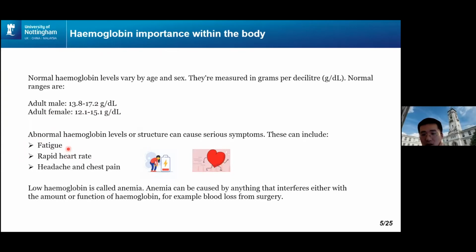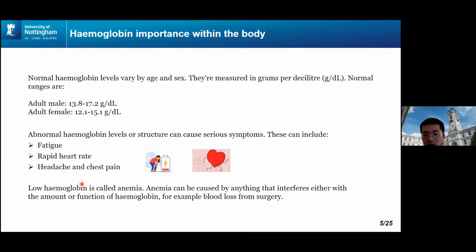The hardworking heart would try to maintain the oxygen level by beating more frequently, to try to maintain the oxygen of the whole body in the blood cells. Also, some relevant symptoms like headache and chest pain will occur with abnormal low hemoglobin.